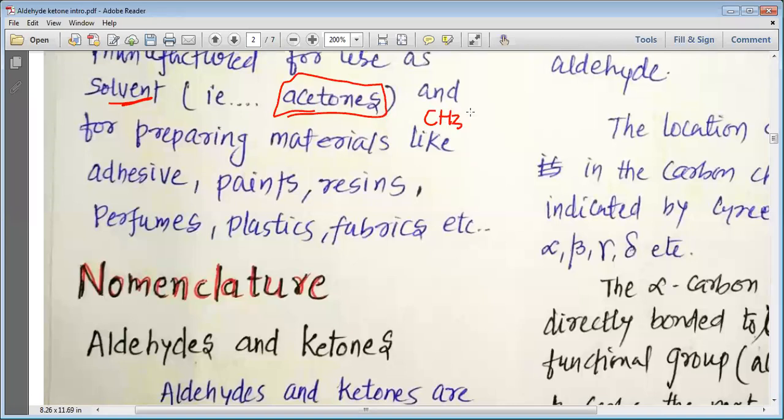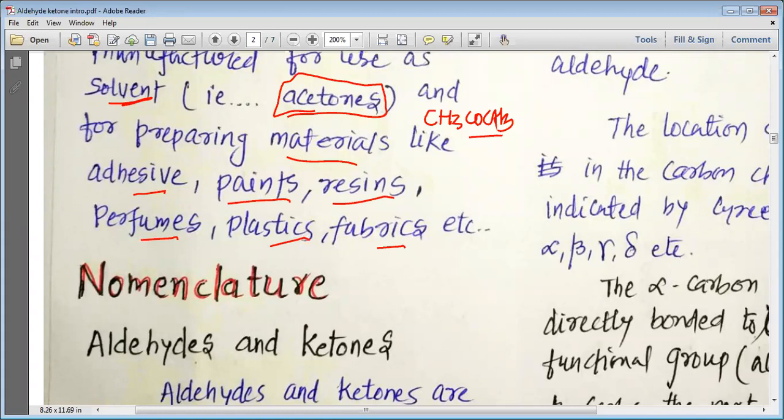The formula for acetone is CH3COCH3, which is also known as propanone. It is a very good solvent and is used as a solvent in industries. These families are also used for preparing materials like adhesives, such as Fevicol, which are used to join things, and paints or colors, resins, perfumes, plastics and fabrics.